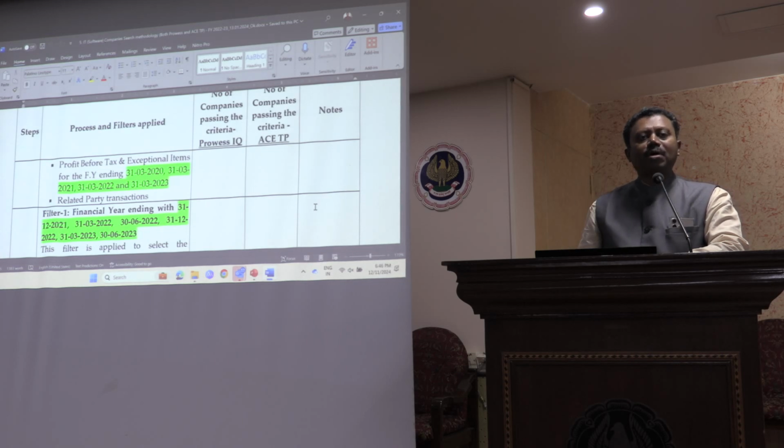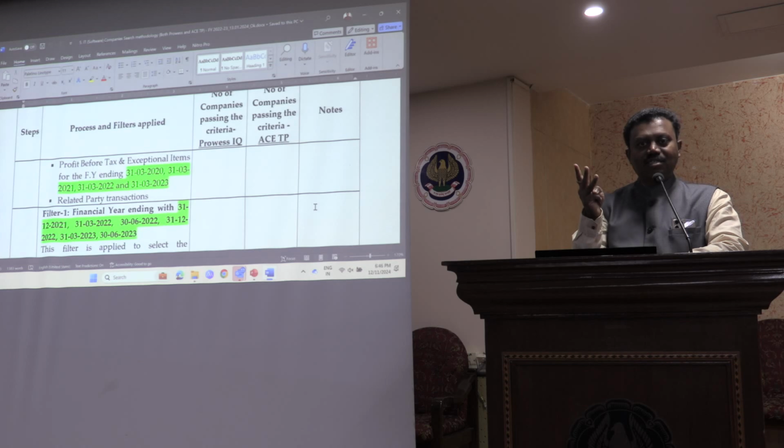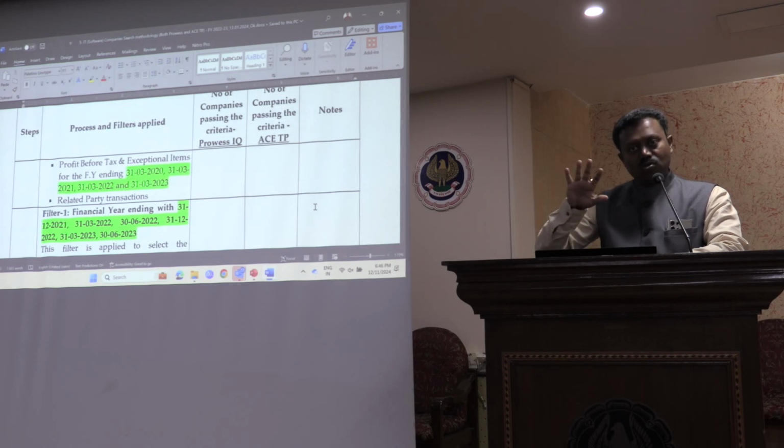When we do the comparison, there are several factors that we come across during the finalization of such criteria, so that we have to eliminate certain companies after we compare them year on year. As a result of that, we take 3 years of data and then do the search. I'll tell you why 3 years also will come.